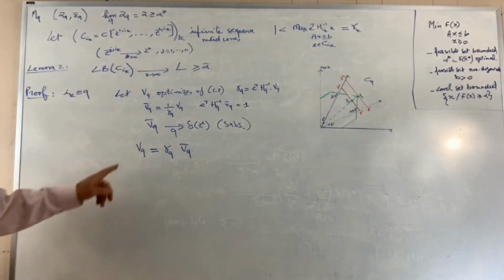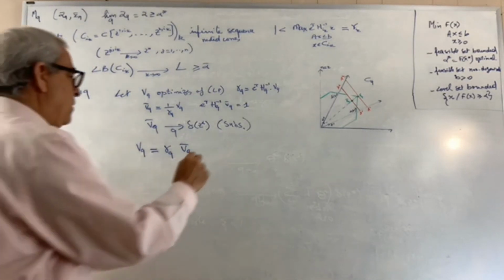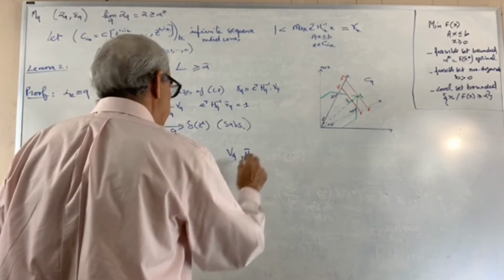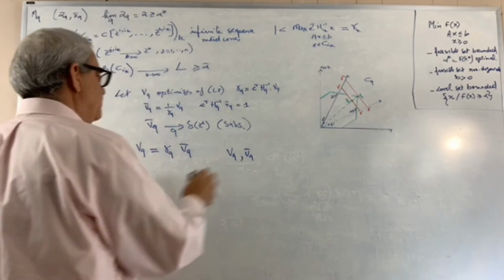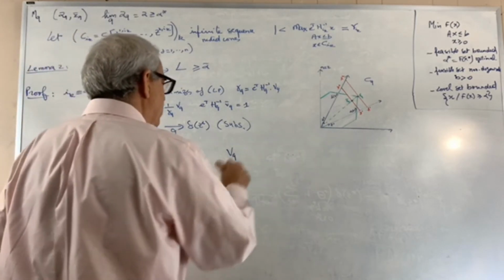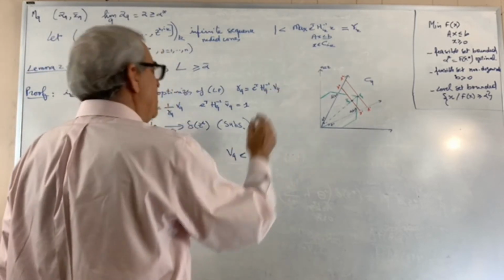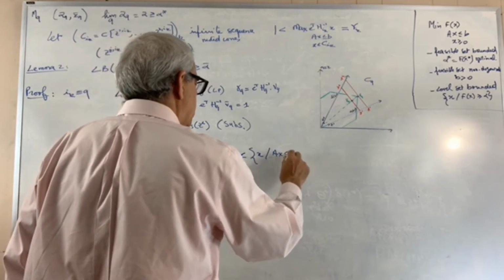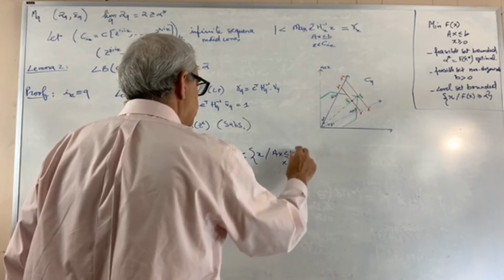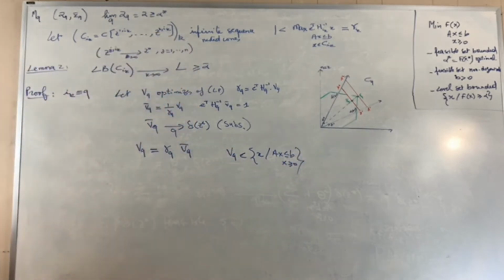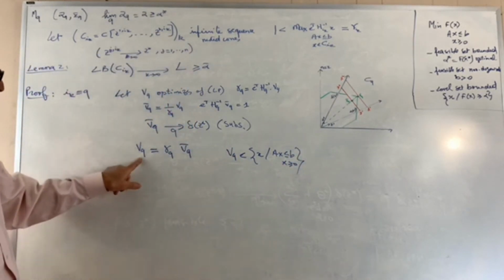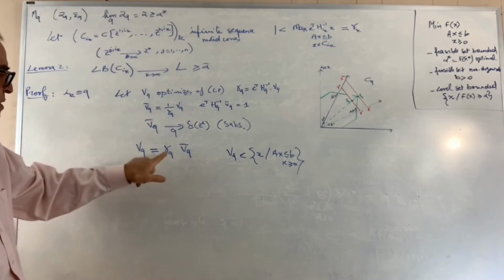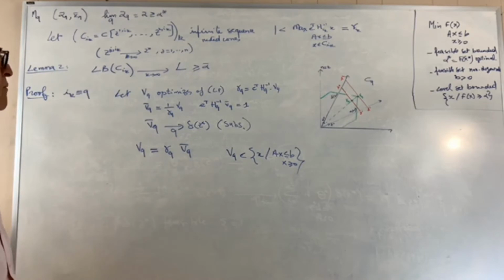But v_q, it's a feasible point, so it belongs to the set of x such that Ax less or equal to b, x greater or equal to 0. Right? So it's a bounded set. So therefore v_q converges subsequentially and V bar q also converges subsequentially. So gamma q also converges subsequentially.